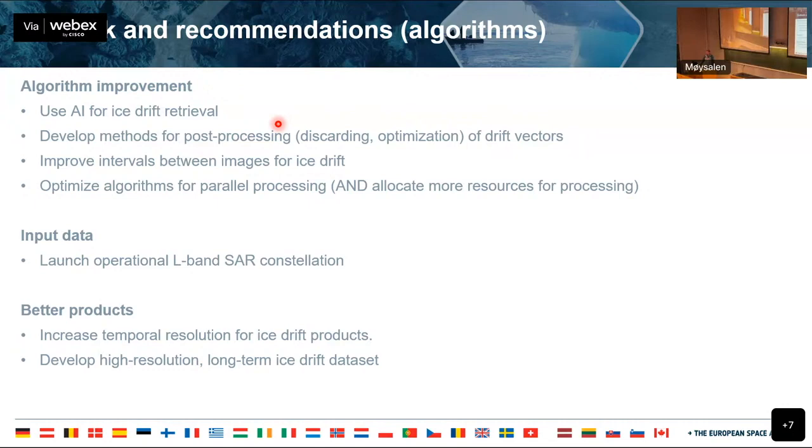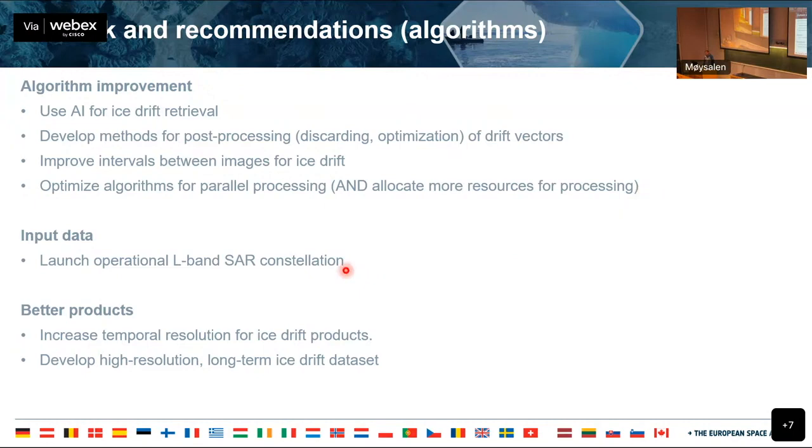Then some new methods for post-processing of ice drift vectors need to be developed for discarding wrong vectors or optimizing the drift fields. Improvement of parameters of the algorithms, like intervals between images, is needed, and optimization of the algorithms for parallel processing, and also allocation of more resources for processing.